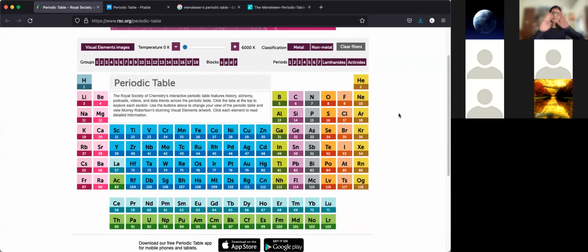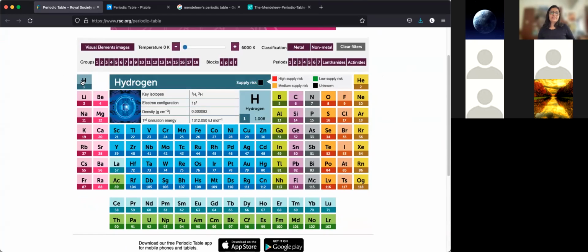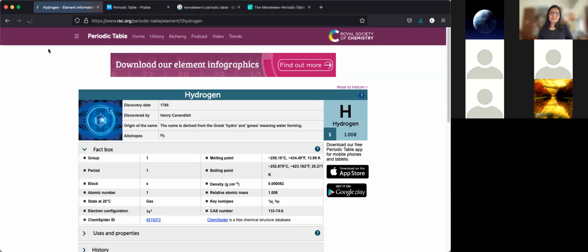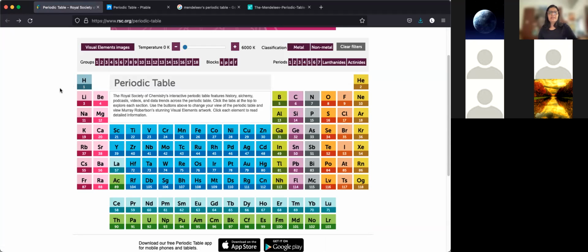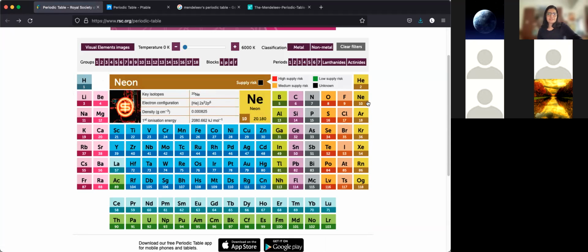Again, it's like a regular table only, with horizontal rows and multiple columns. And just like with Mendeleev, you arranged all the elements as per the similarity in their physical and chemical properties. The only difference is that Mendeleev followed increasing order of atomic mass, and now you follow atomic number.